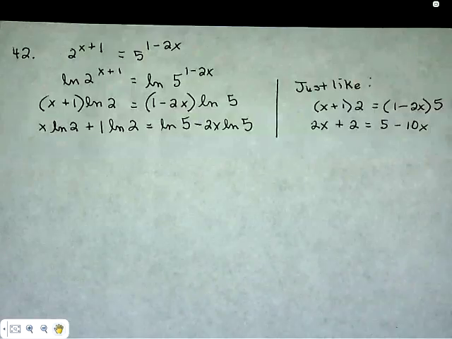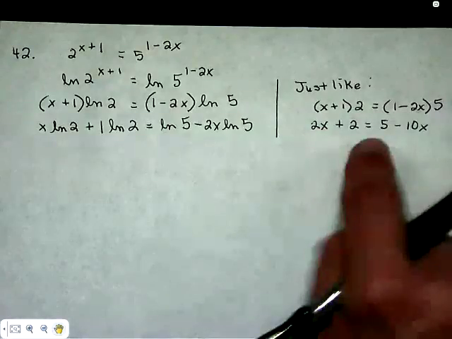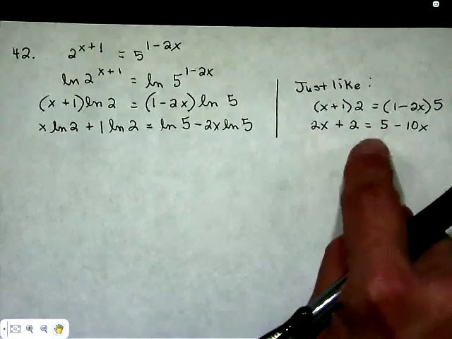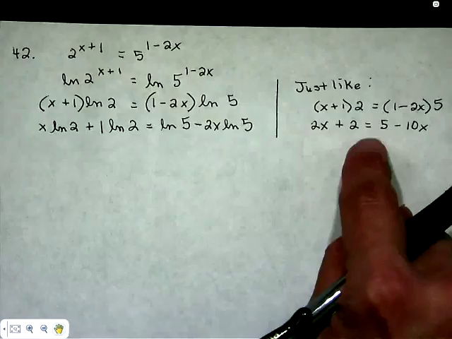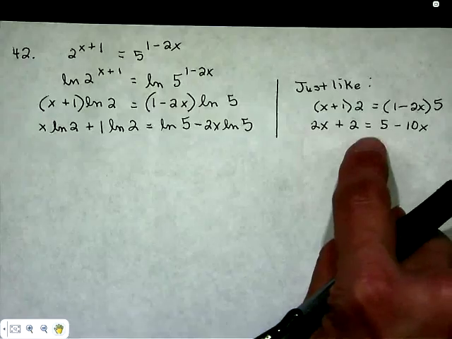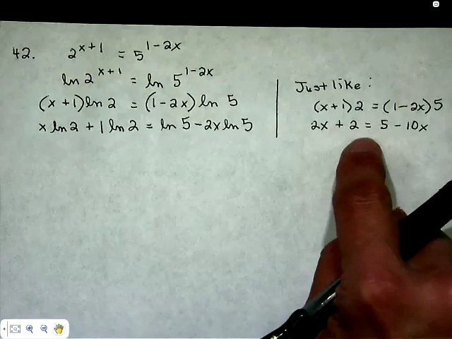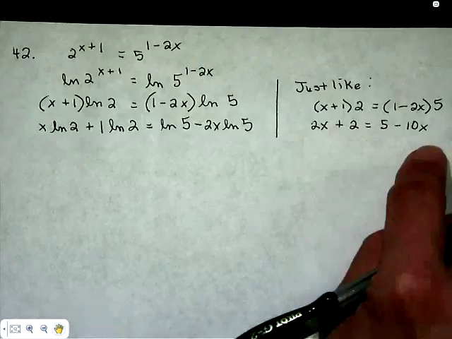Again, it looks like I've made the problem worse instead of better. It got longer, definitely. But I keep looking back at this simpler looking problem and say, what would I do here? What would be the next thing? I want to get my x's on one side and my constants on the other.